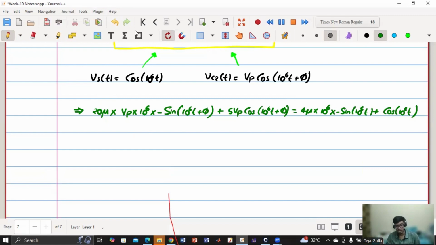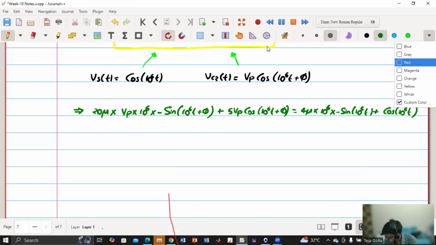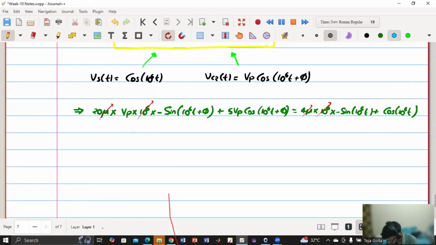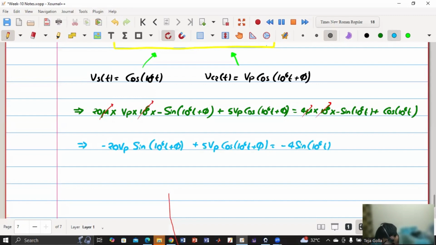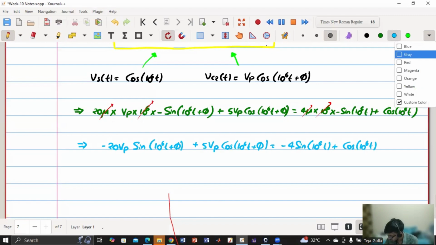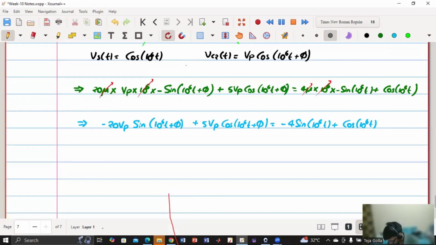Okay, so now micro gets cancelled with 10 to the power 6, here also micro gets cancelled with 10 to the power 6. So now we are left with minus 20 Vp sine (10 to the power 6 t plus 5) plus 5 Vp cos (10 to the power 6 t plus 5) equals minus 4 sine 10 to the power 6 t plus cos 10 to the power 6 t. Now we have to expand; that's the only way out.